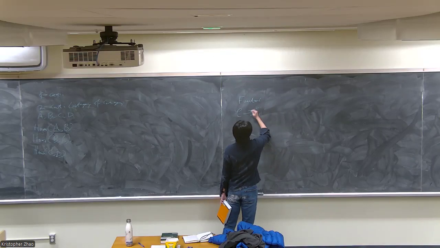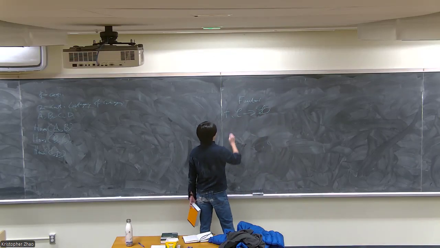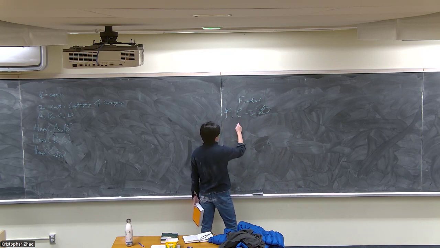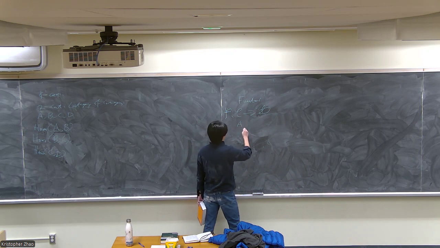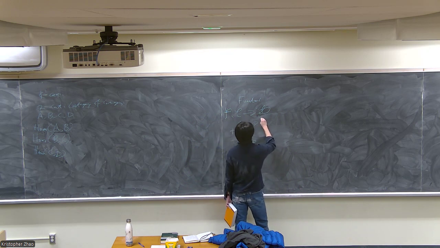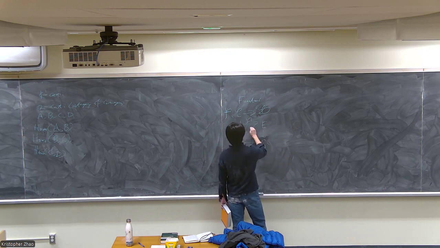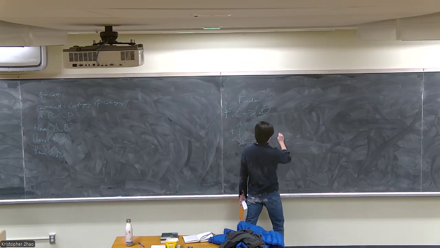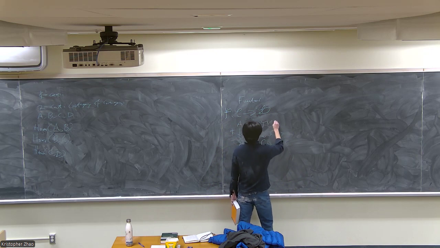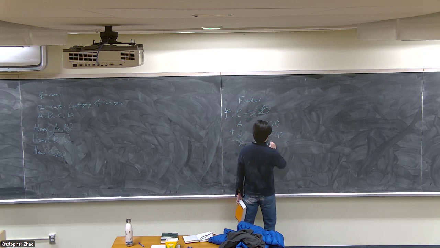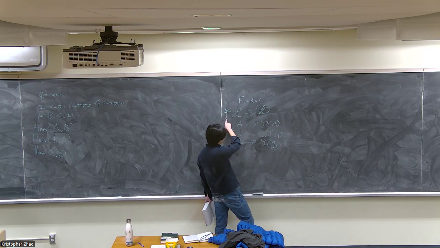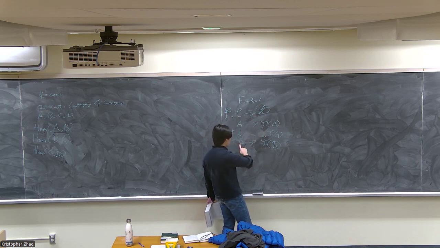A functor between two categories C and D maps objects to objects and morphisms to morphisms.